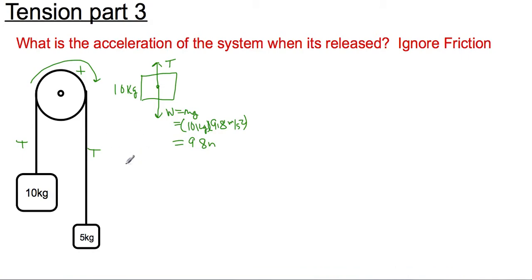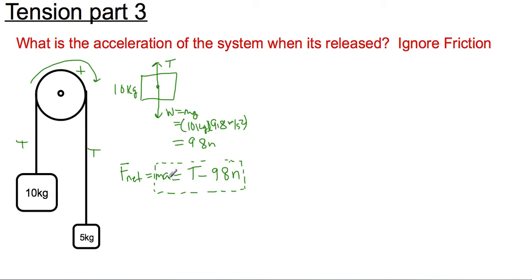So going back to this, F net is going to equal mass times acceleration, which will equal, in this case, a positive tension T minus 98 newtons, or the weight. This is as far as we can go for now.